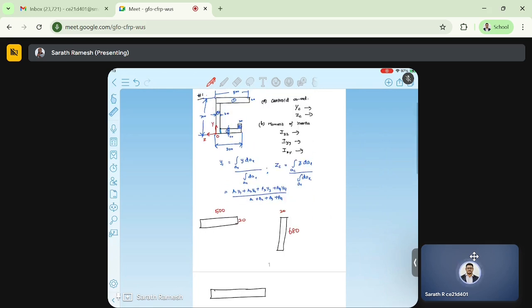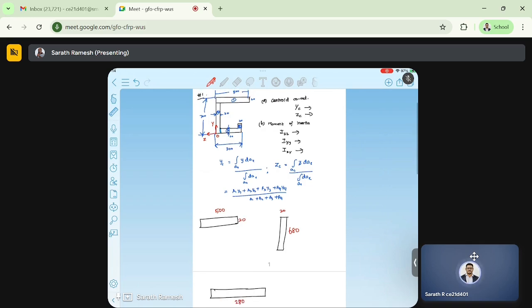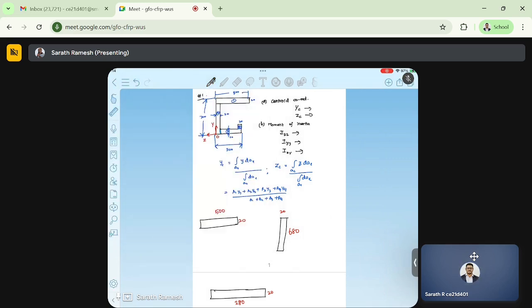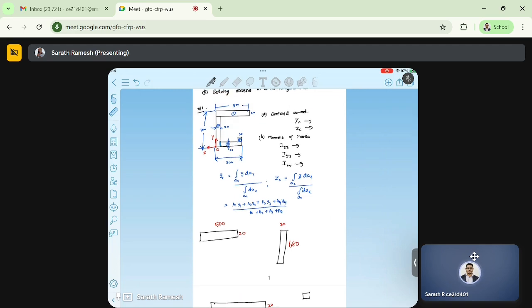For section 3 it starts from here, 300 minus 20, which is 280, and the thickness is 20. And what about section 4? A small section, 20, and I didn't note the dimension down.